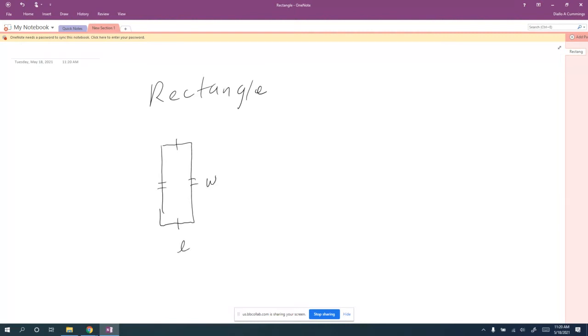So we have the length and the width. Some people may call this the height and the depth, but I'm going to use the length and the width. We can find the perimeter, which would be the distance around our figure. So it's twice the width plus twice the length. We can also find the area, which is simply the length times the width.